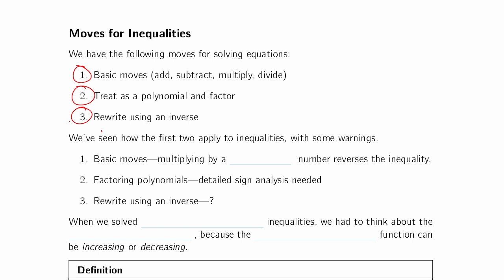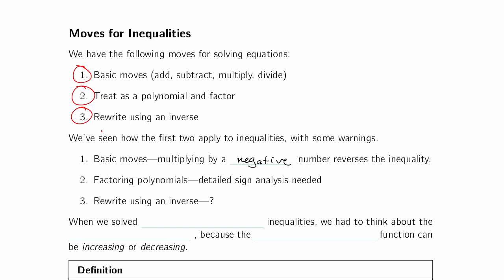When we're working with inequalities, we have to pay special attention to exactly which moves we're using, because sometimes some of these moves reverse the inequality symbol. Among the basic moves, multiplying by a negative number reverses the inequality sign.